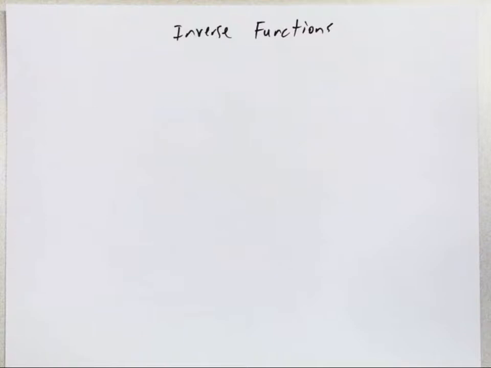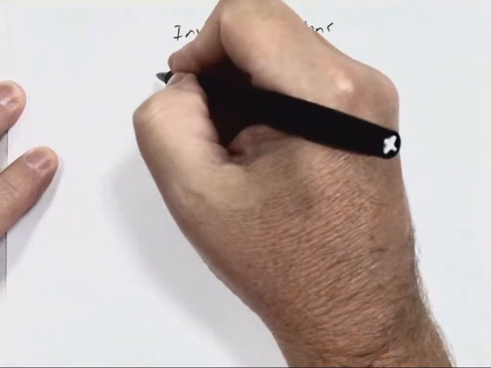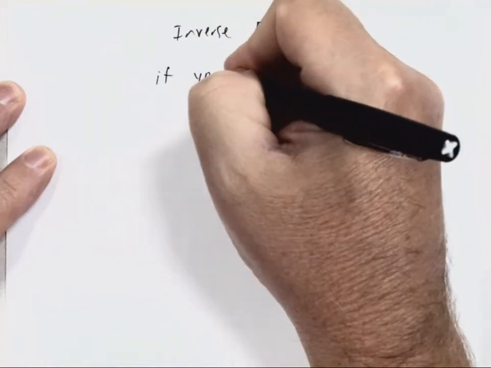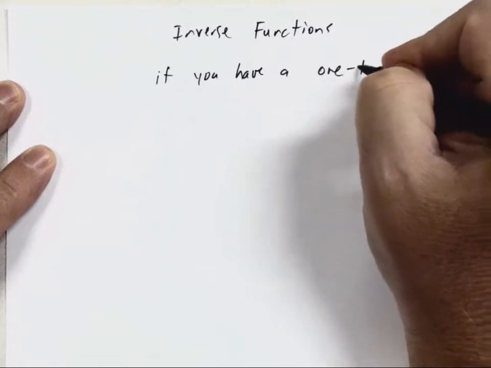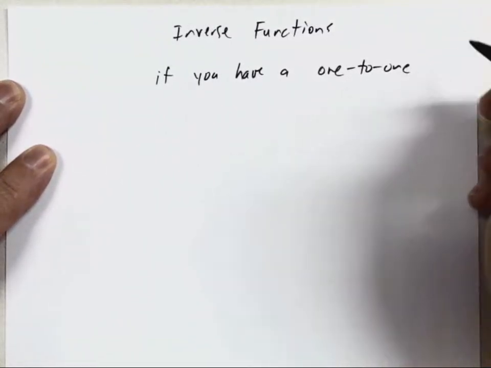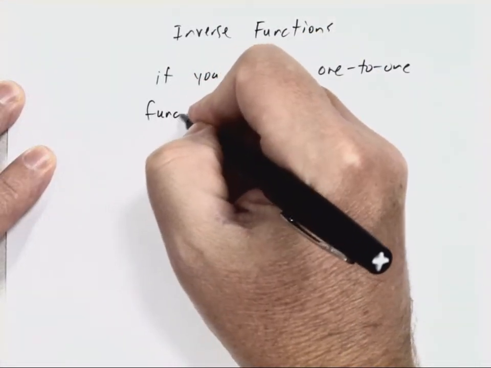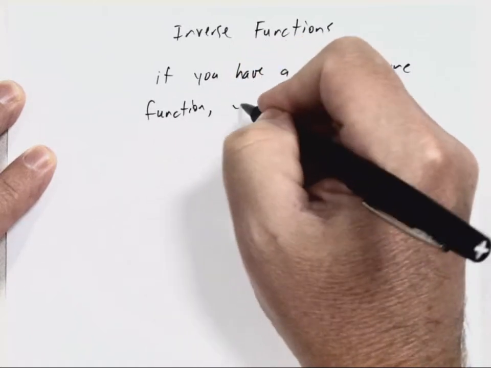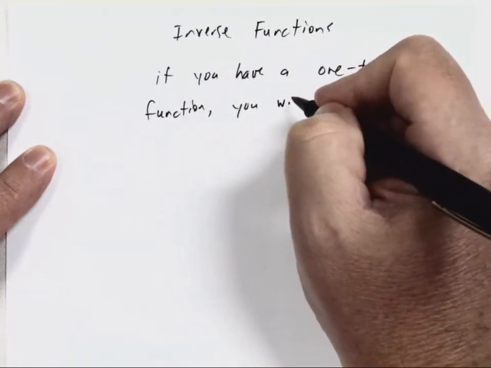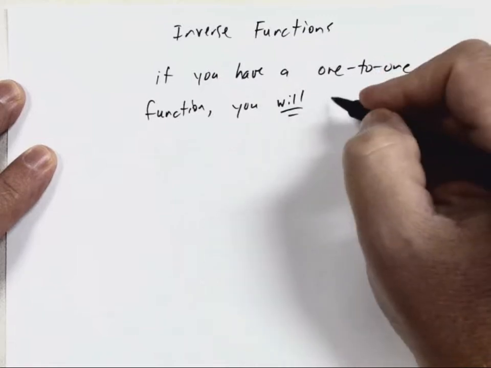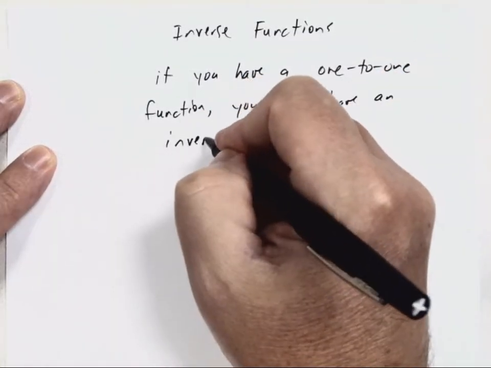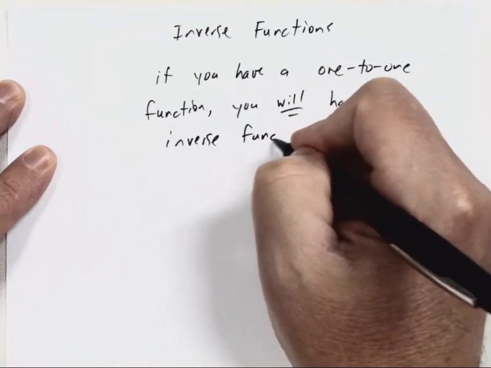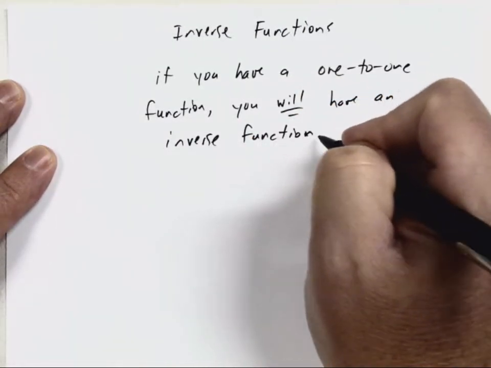One of the purposes of determining whether it's a one-to-one function is that if you have a one-to-one function, you will have an inverse function.